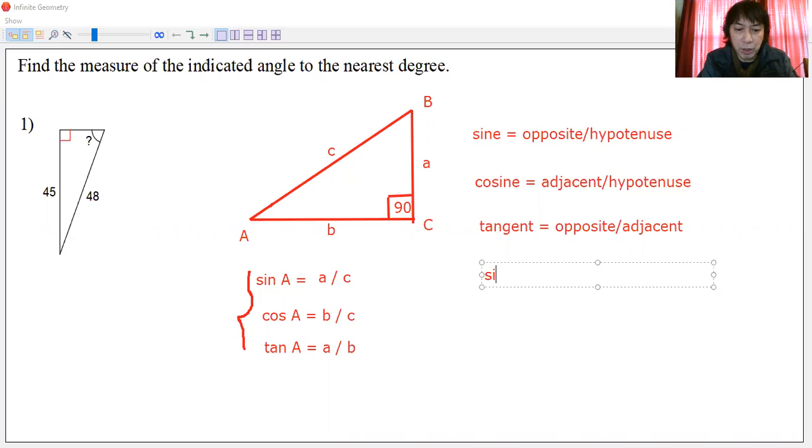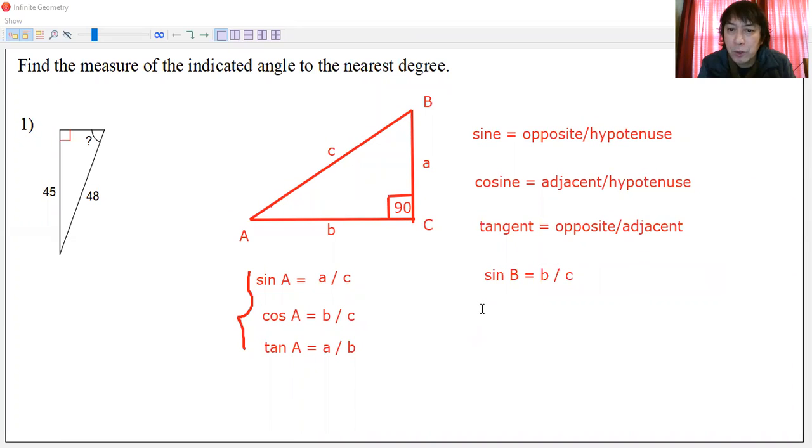For angle B, the opposite side b will be considered, divided by the hypotenuse. So this time for sine B, it will be the ratio of side b to c, opposite divided by hypotenuse.